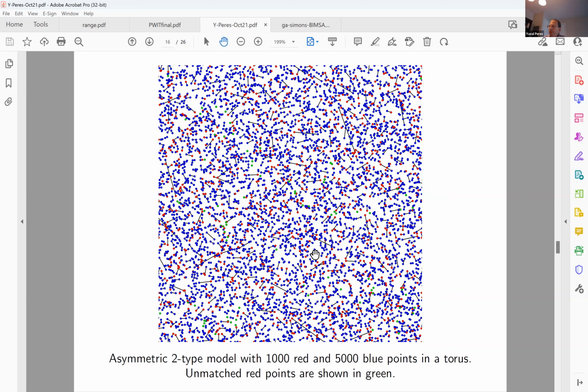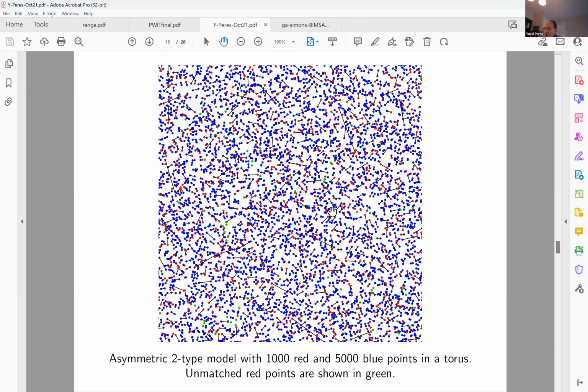Again, every point selects the closest point that it can legally be matched to. Reds will select only blues. Blues can select blues and reds. And if two points select each other, they are matched. Those that select each other are matched, they are removed, and then the process is iterated.